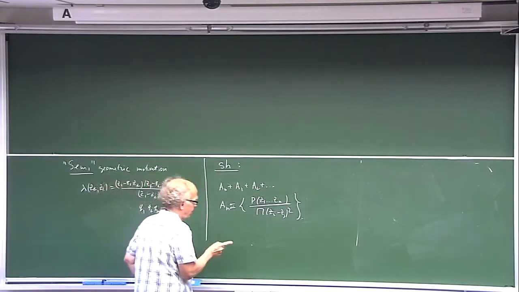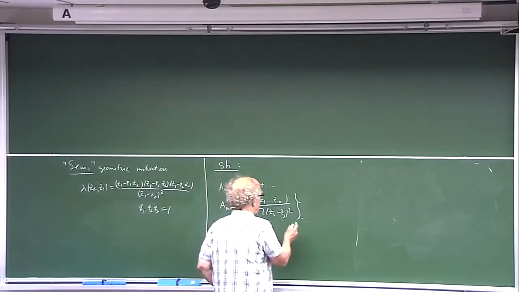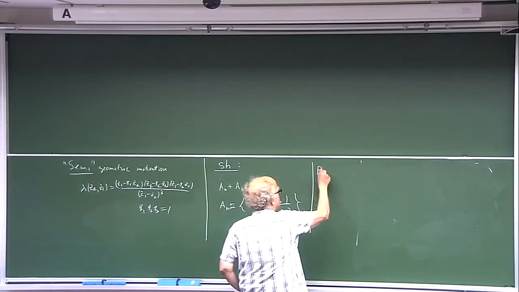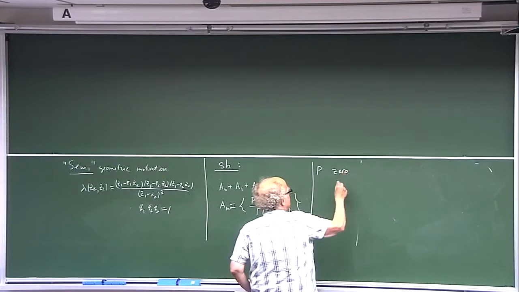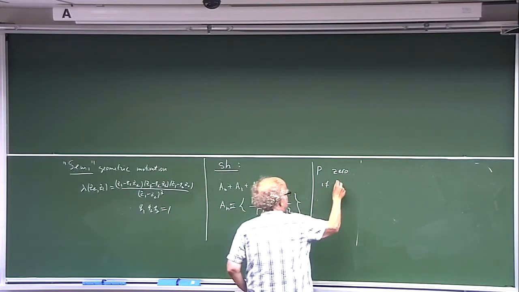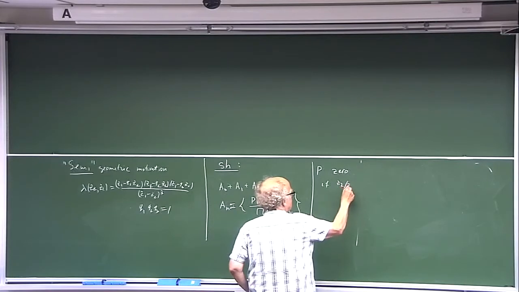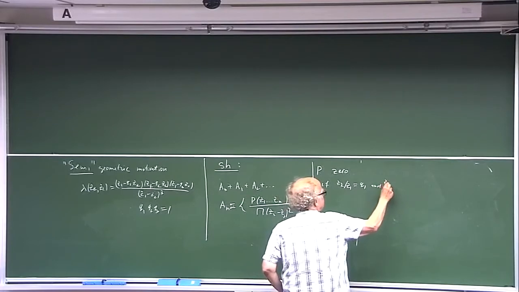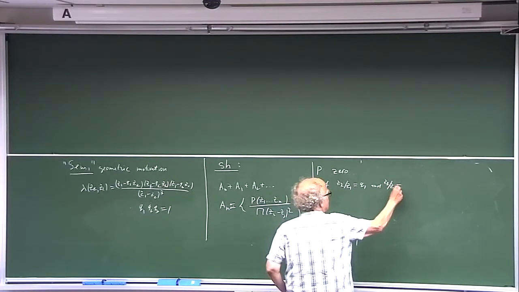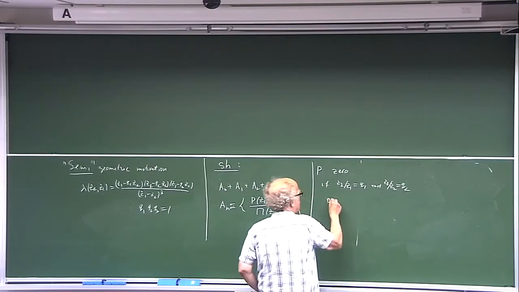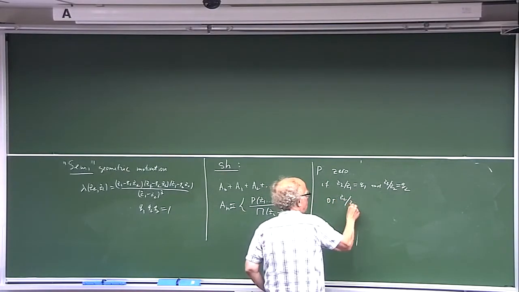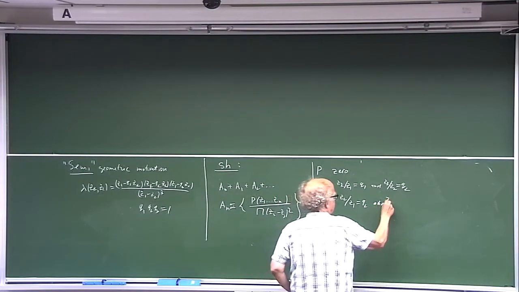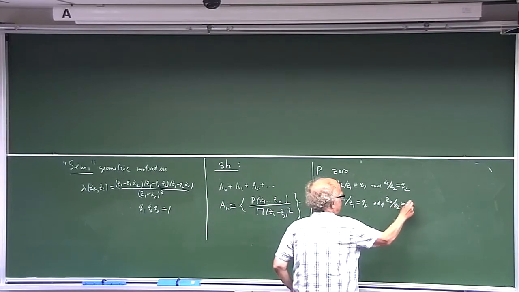I said it, but let me repeat. What we actually studied is that P has to be 0 if Z2 over Z1 is Q1 and Z3 over Z2 is Q2, or Z2 over Z1 is Q3 and Z3 over Z2 is Q1.